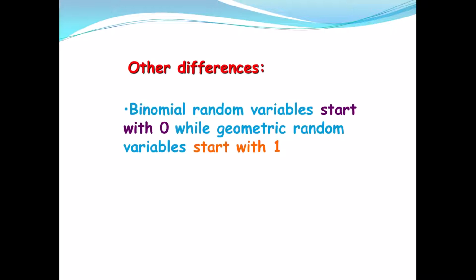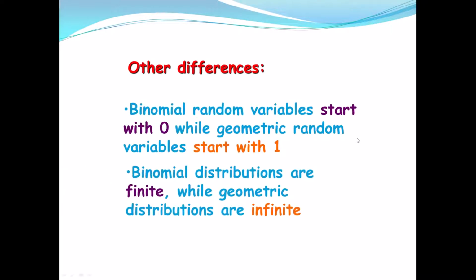So it's either the first birth or the second or the third or the fourth. You know what I'm saying? So it can't start with 0, because you can't have a kid of a boy or a girl gender without a birth. So it always has to start with 1. I cannot make a free throw if I don't make a shot. So that's a big difference.